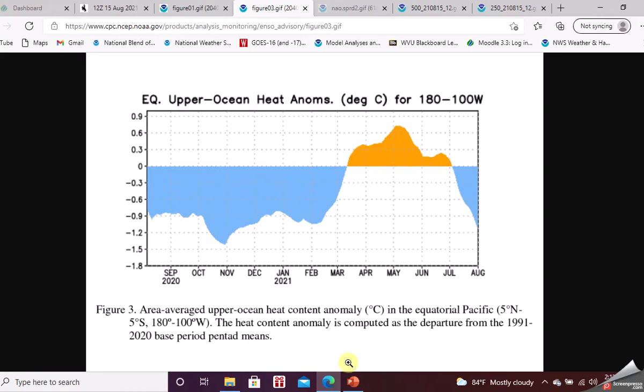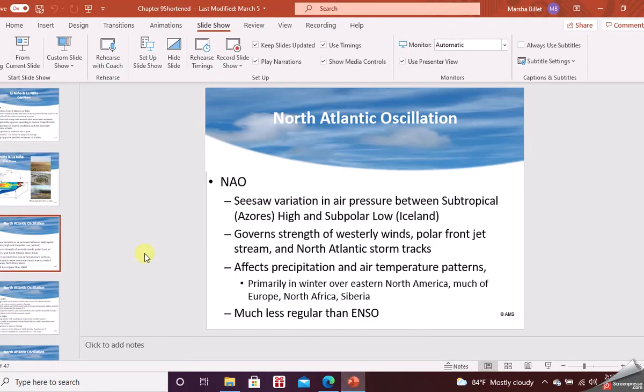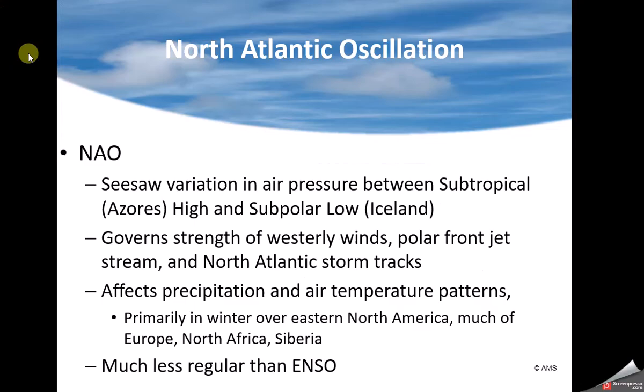So with that again, back along here, we'll go to a North Atlantic oscillation. It's another global feature. It has a major impact on the eastern part of the United States. It's a variation in sea level pressure from the subtropical high to the subpolar low. And it governs the strength of the North Atlantic storm track, like where we get a lot of nor'easters or lows coming up on the East Coast, and when there's very cold air coming out of Canada and the eastern United States.